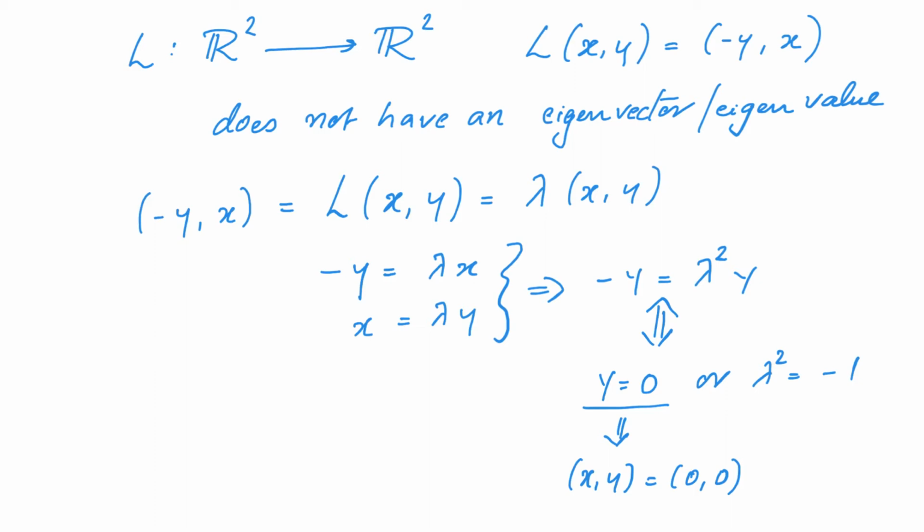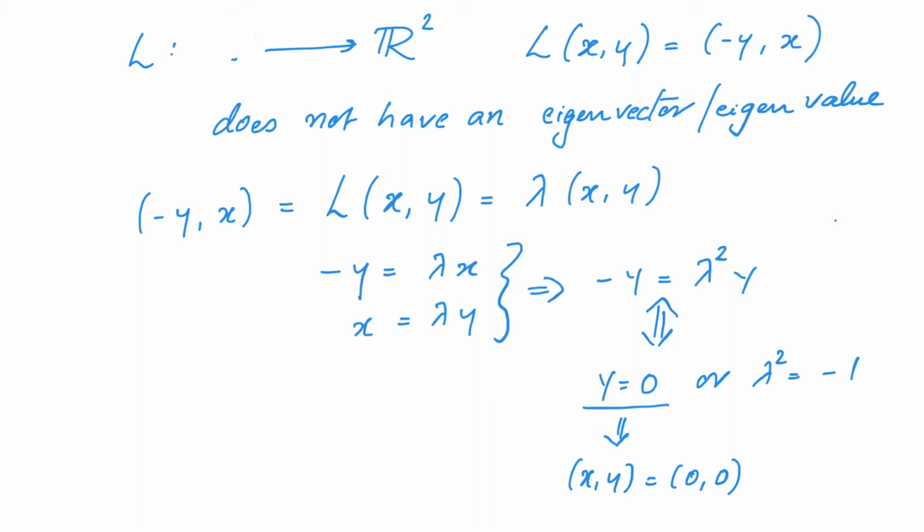Finally, you should also observe that even though there does not exist any such real number, there exists a complex number i, the iota, such that i square is equal to minus 1. Therefore, if we had considered the same function from C2 to C2, then it would have an eigenvalue.